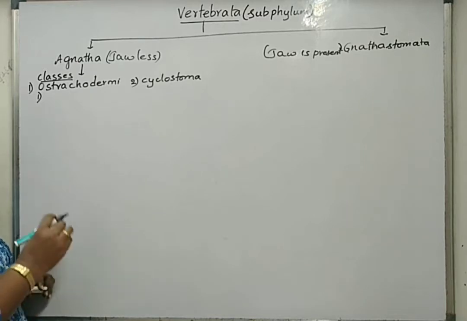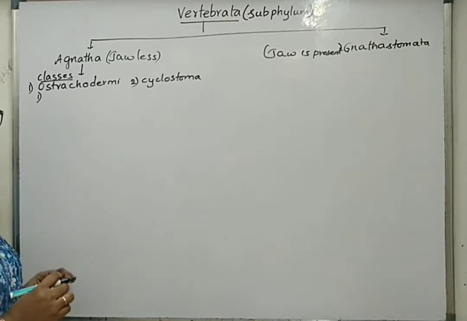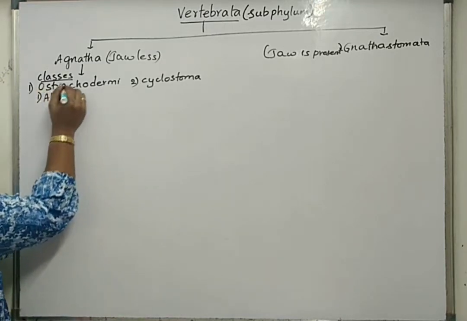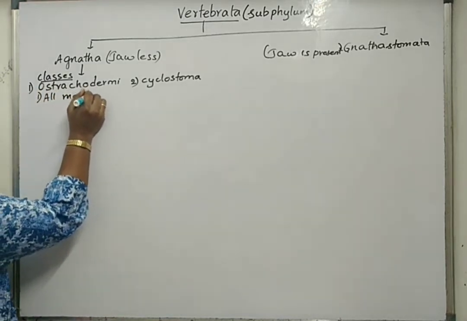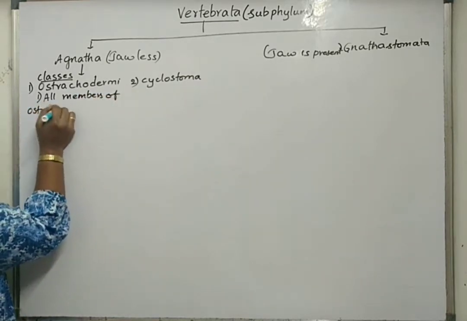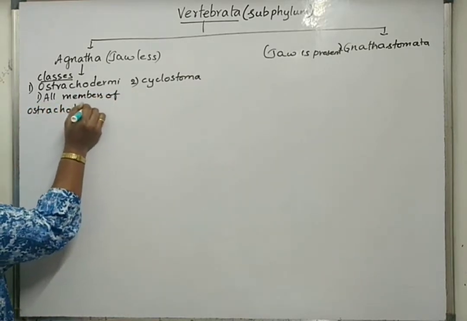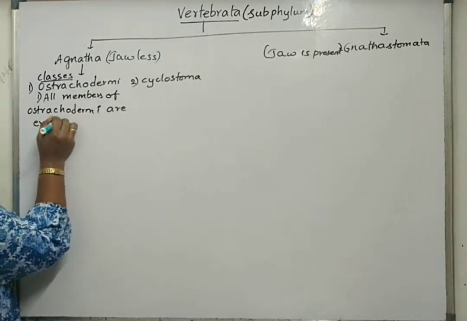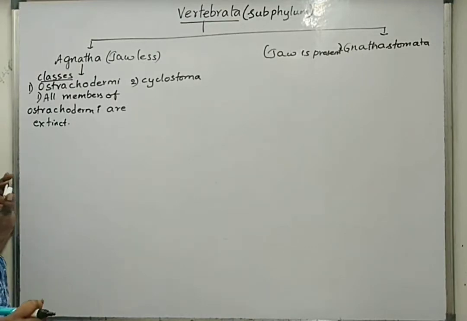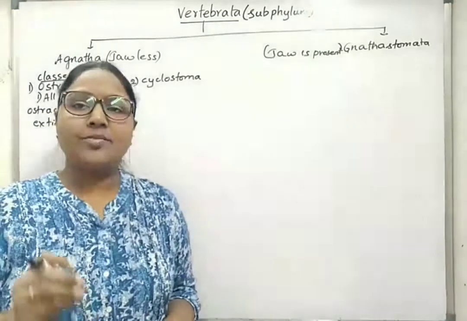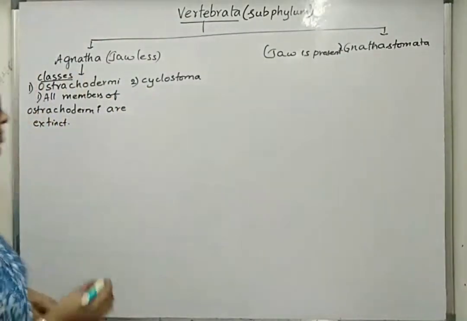All members of Ostracodermi are extinct. They are not present now. They are freshwater fishes. They are also considered the first vertebrates.